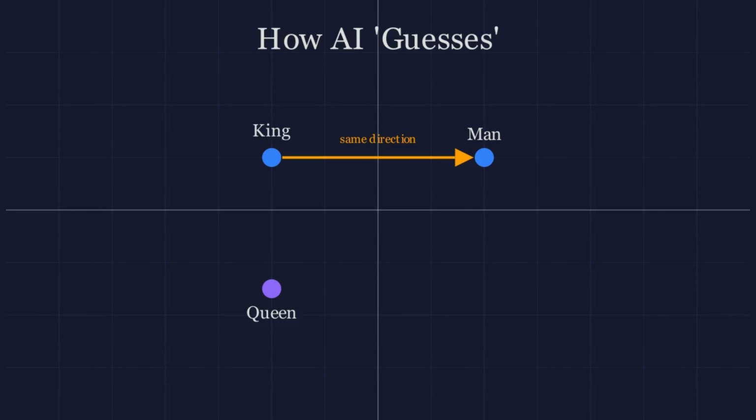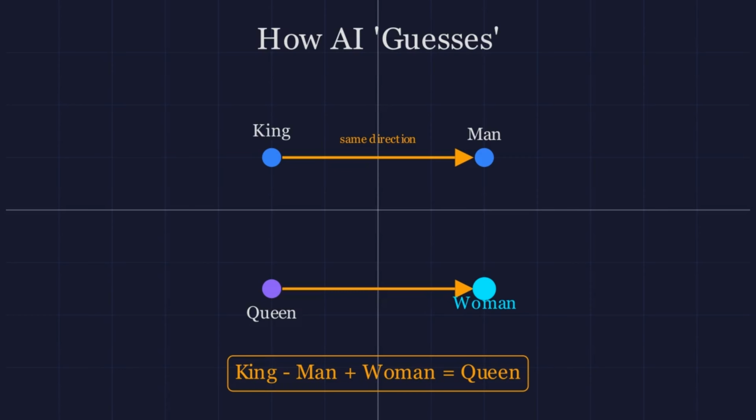If you take the vector for king, subtract man, and add the vector woman, you can get queen. Not because AI memorized this, but because of how they're positioned mathematically in this space. When you prompt the model, it's finding the most likely next point in this space. It's navigating relationships, not recalling facts. That's why it can make connections that almost seem random, but will actually make sense.